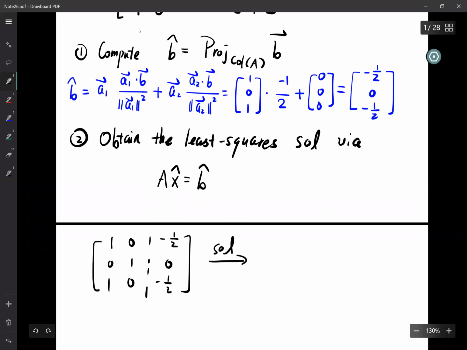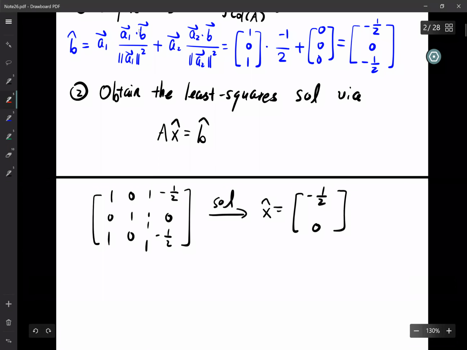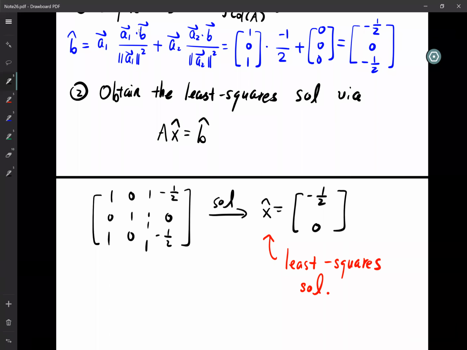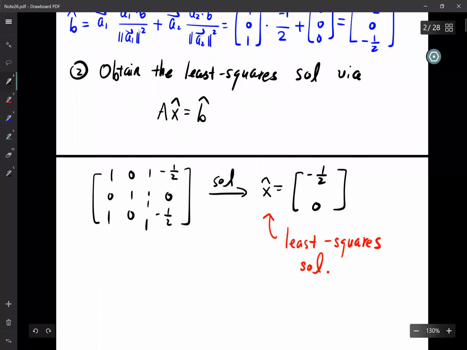We found that the solution is nothing but (-1/2, 0). And as we talked about last time, this is our least squares solution. We haven't fully justified why this is the case, but I've already talked about the procedure. Even though the original problem, when you put (0, 0, 1), was not solvable, this becomes a solvable problem. Any question?